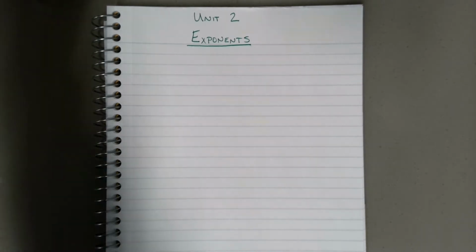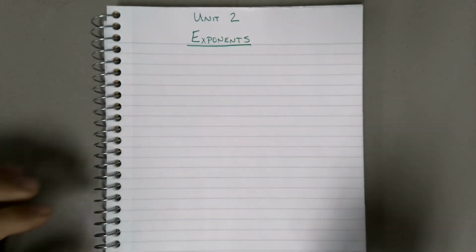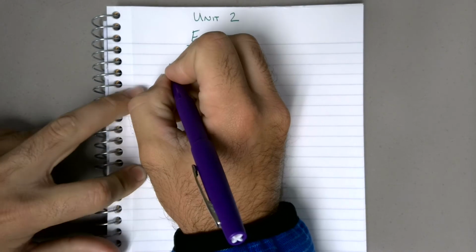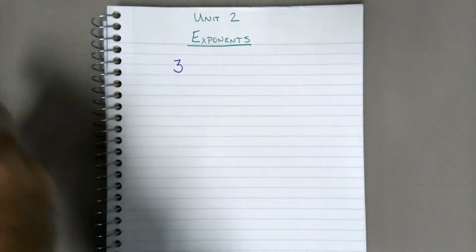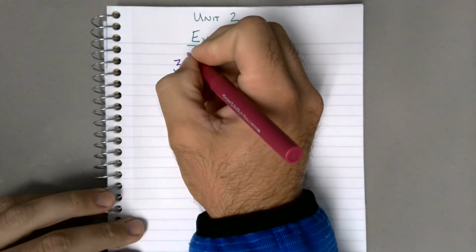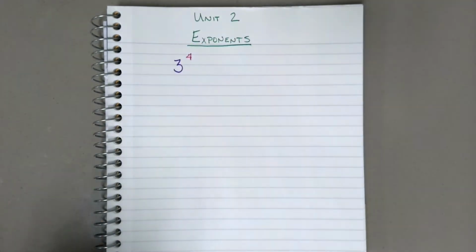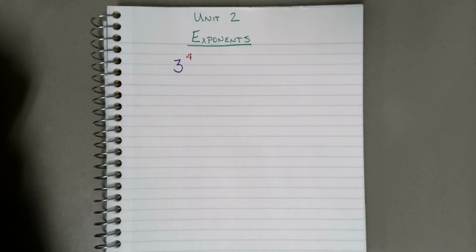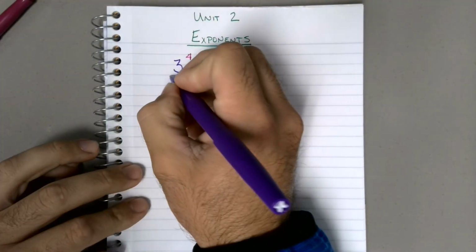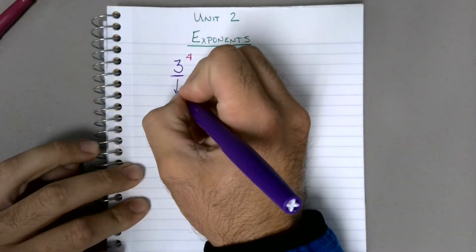So first, when we look at an exponent, let's say I have 3 to the power of 4, okay? So a couple things we need to talk about. This number right here, the big number, okay, this is called the base.